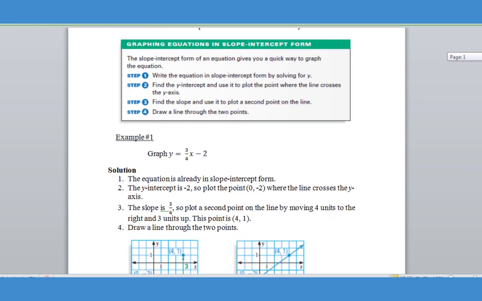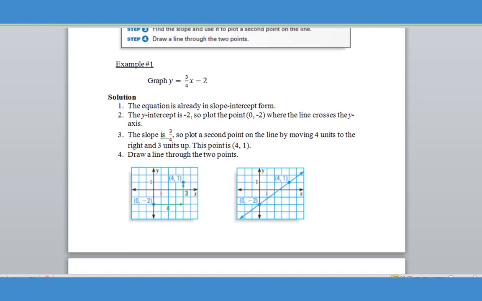If we look at an example, you can see that we're following these points. We have -2, so that is going to create the point 0, -2 as our y-intercept. That should be the very first thing that is plotted, and you can see that it's done right here on the graph. Then we identify the slope, and it doesn't matter what we count first.